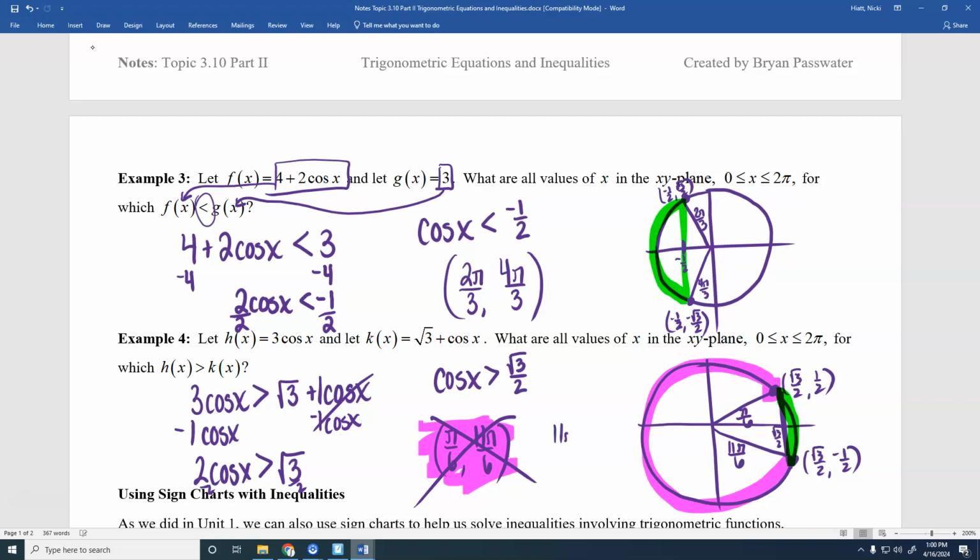Can I do that, 11 pi over 6 to pi over 6? When you do intervals, are you ever allowed to have the bigger number on the left side? Like if I did 8 to 2, would that ever be right? No. Can't do that.